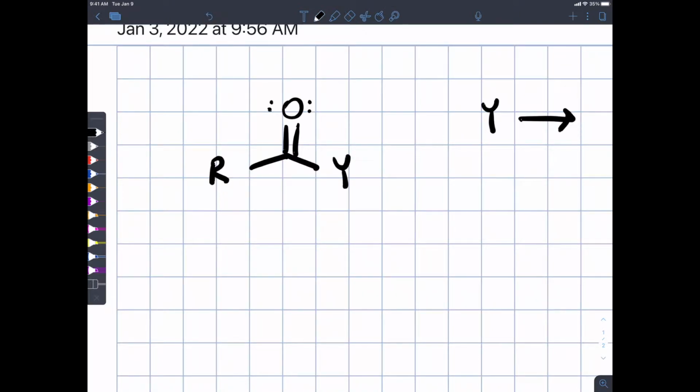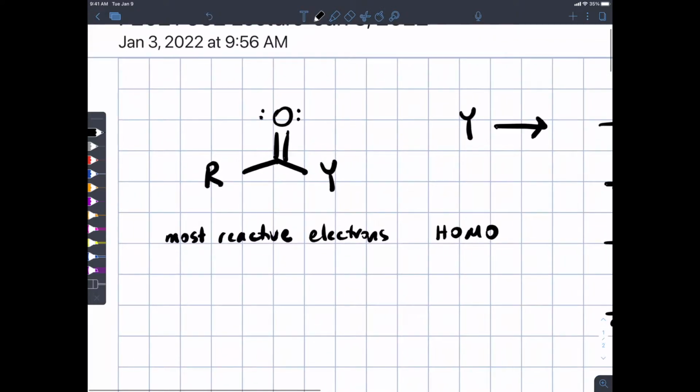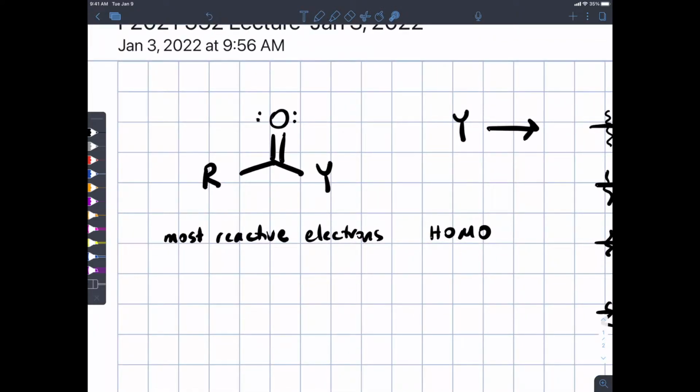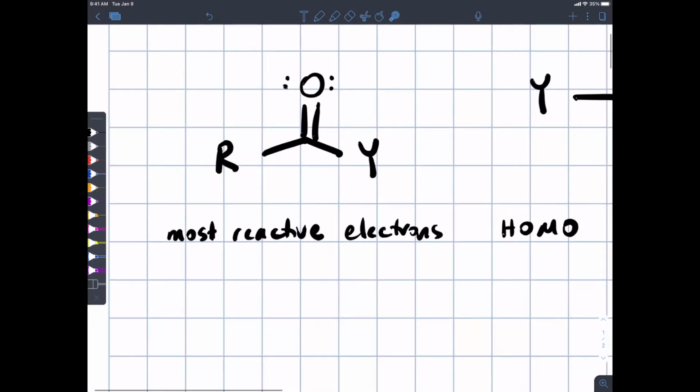The most reactive electrons in this molecule, another way of saying that, is what is the highest occupied molecular orbital in this molecule? What is the HOMO of the molecule? If you do molecular orbital calculations, you will conclude that the highest energy electrons are the lone pair electrons on the oxygen. What else about carbonyl compounds?